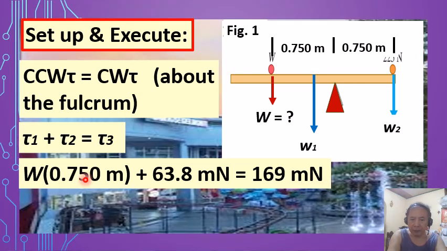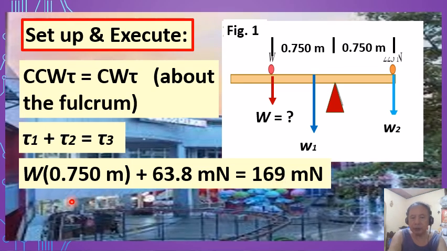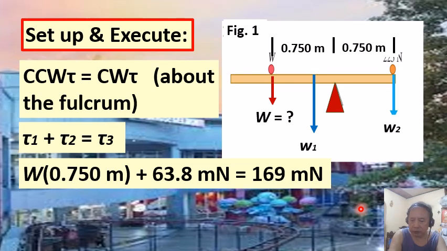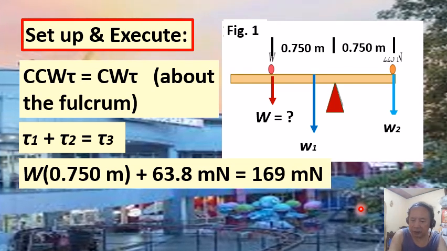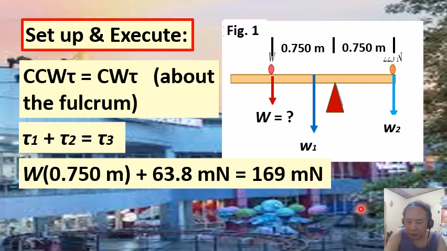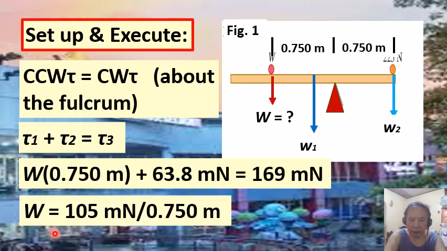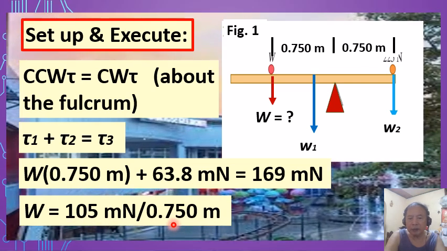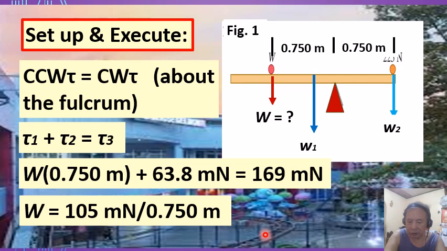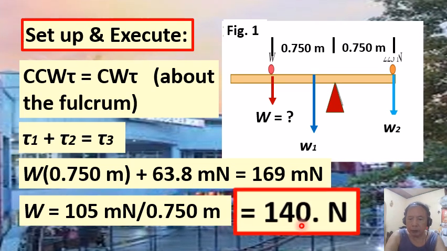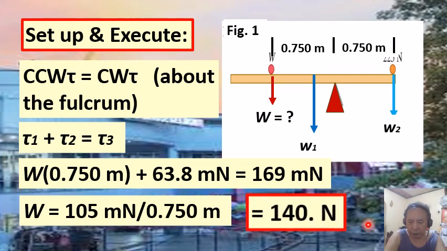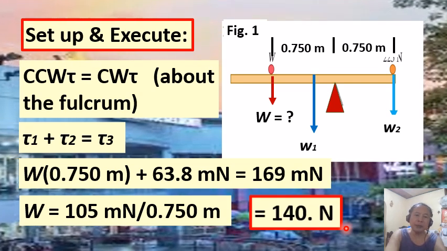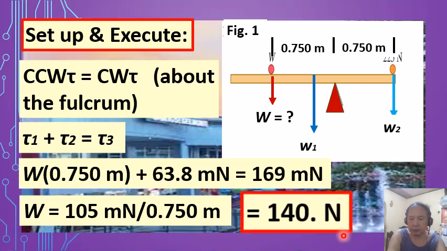Notice that we only have the weight W as our unknown variable here, which when isolated and computed, we have the unknown weight W equal to 105 meter Newton divided by 0.750 meters, or that is equal to 140 Newtons in 3 significant figures. So this is the value of the unknown weight W.